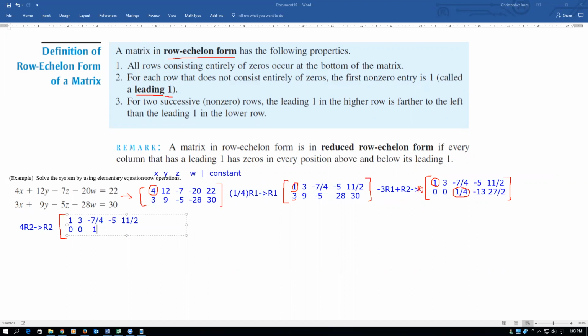This should be a 1, and it is. 4 times negative 13 is negative 52, and 4 times 27 halves is 54. At this point, even according to our book, we have what we call REF, row echelon form.